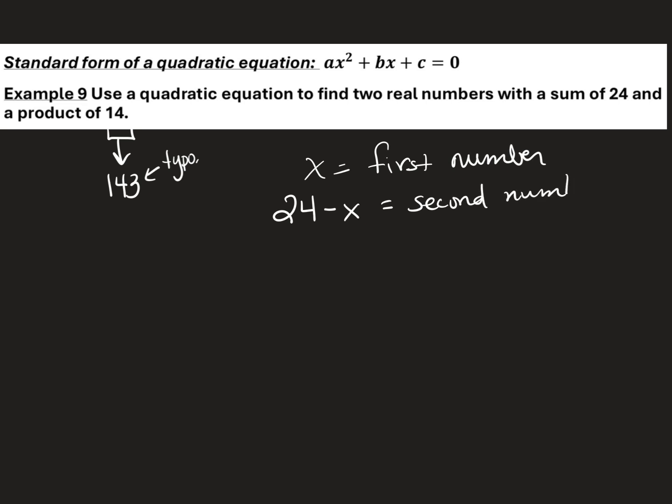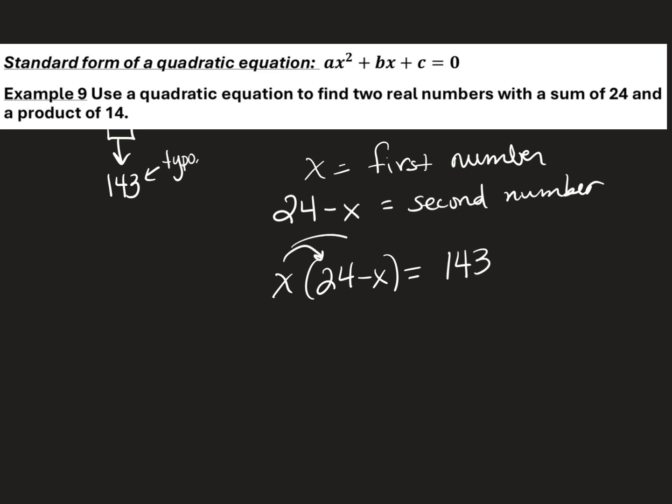That's how I'm going to use the sum of 24. And then these two expressions have a product of 143. So x times 24 minus x is going to equal 143.